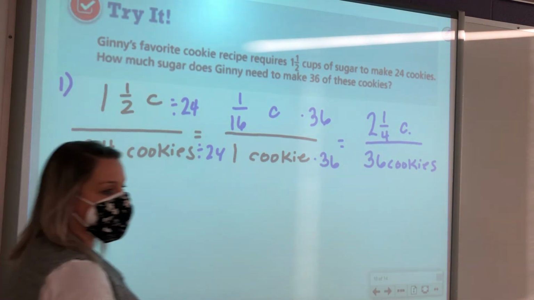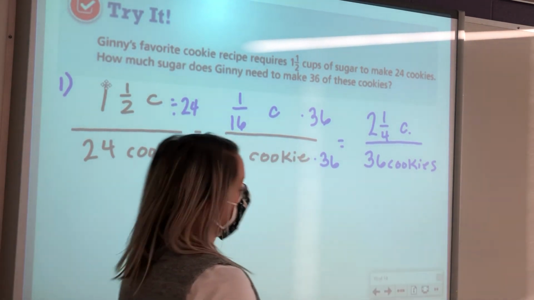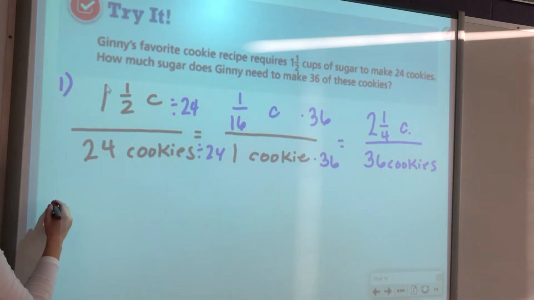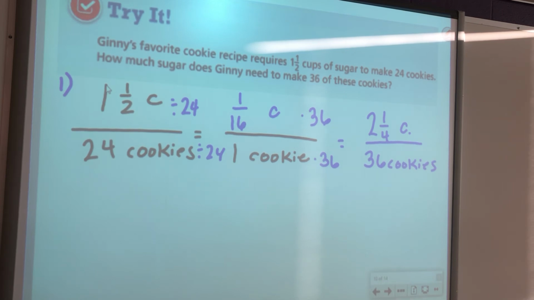What's another one? Turn it into an improper fraction. And what are you gonna do with that? I would make it into 2 fourths and then make it into 6 fourths, divide it, make it 3 fourths, and since that's for 12 cookies, just multiply by 3. So 12 cookies equals 3 fourths. 3 fourths times 3 equals 2 and a fourth.